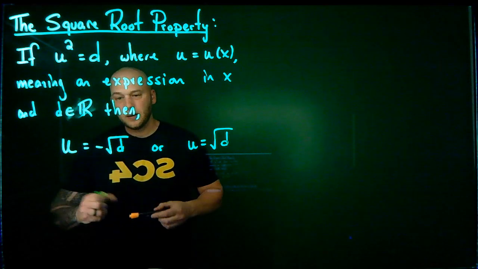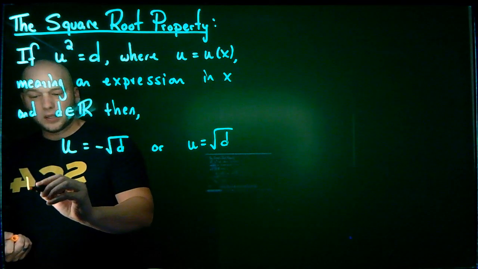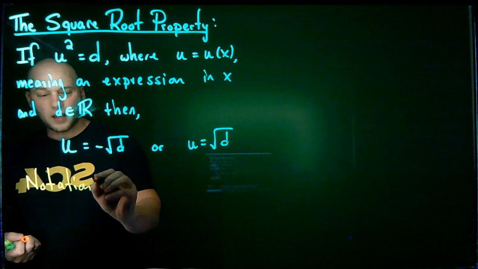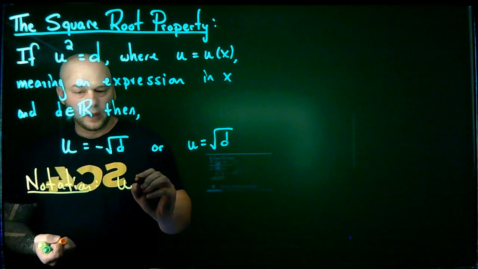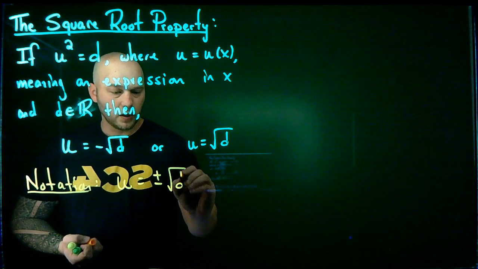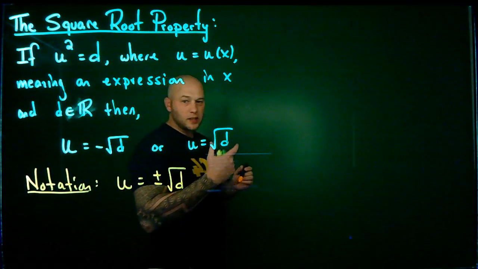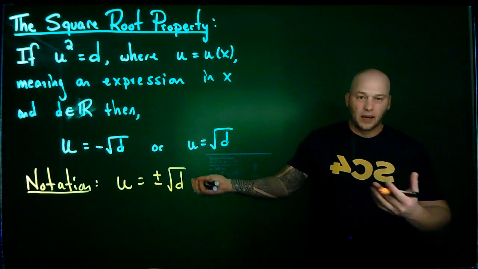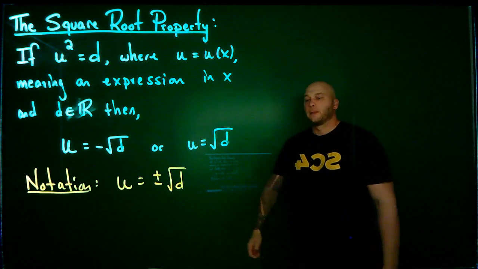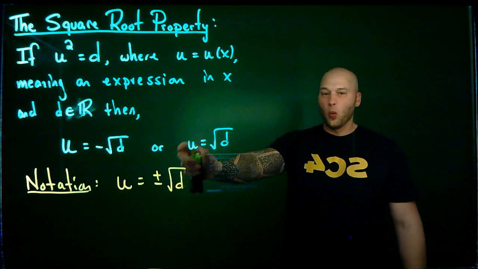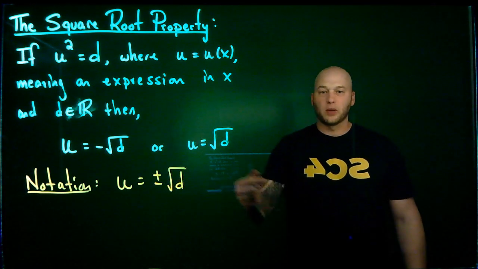We can clean up that notation a little bit depending on the exercise. We can write this as u is plus or minus the square root of d. That stacked plus or minus means the positive or the negative. So we can either separate it into two separate equations, or we can leave it in one equation with the plus or minus in front.